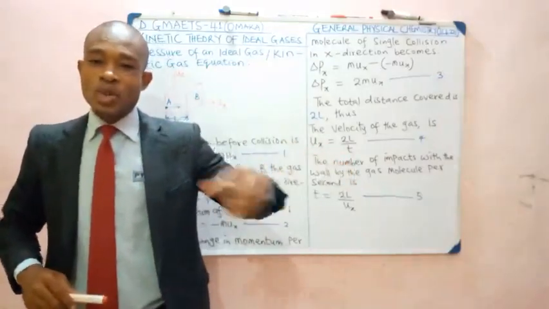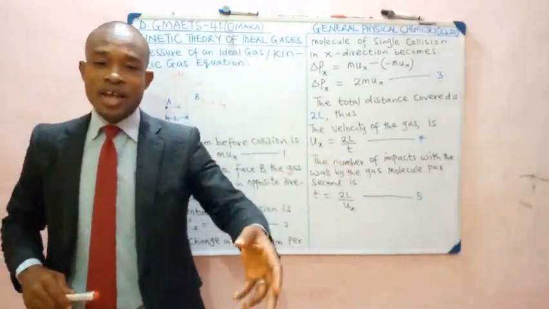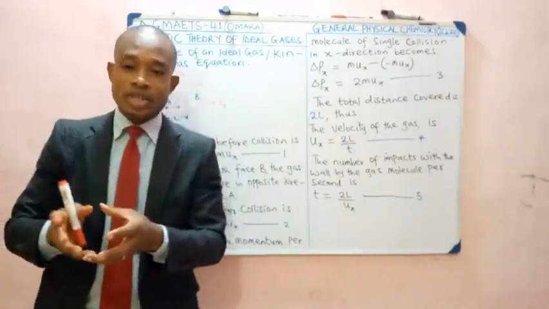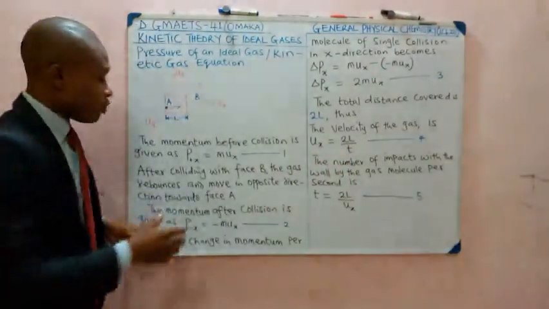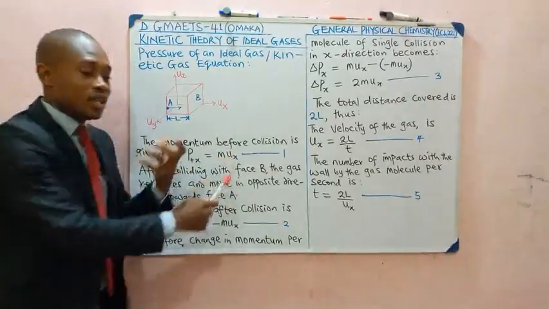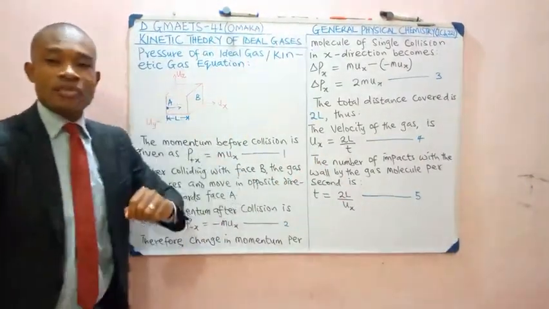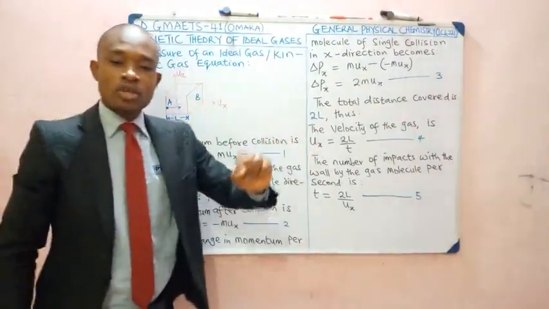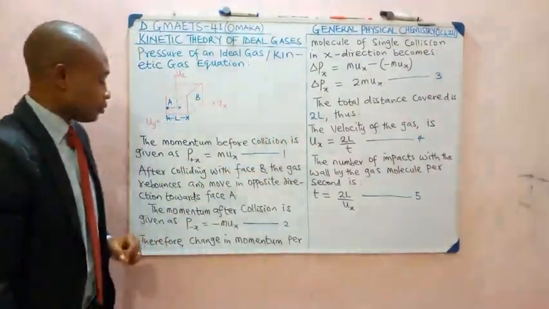Remember, we decided to pick the x coordinate to analyze, after which we generalize it for all the coordinates. So the momentum before collision will be given as the mass times the velocity in the positive x direction as the gas molecule goes towards phase B.